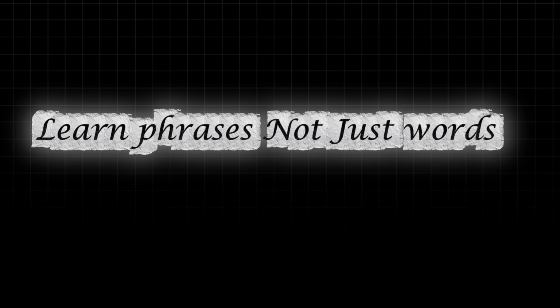Talk to yourself, okay? The second exercise, you need to talk to yourself. Say what you're doing in real life. I'm opening the fridge, I'm making some coffee, I'm doing something else, or I'm going outside. This is one of the fastest ways to think in English. Of course, learn phrases, not words.